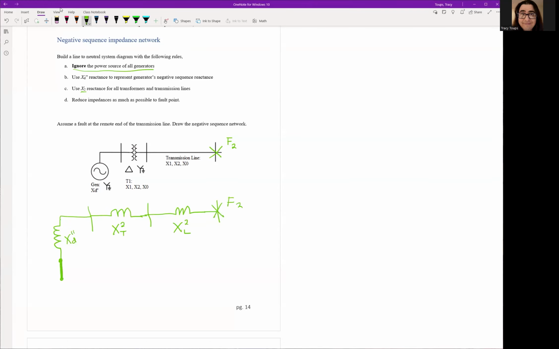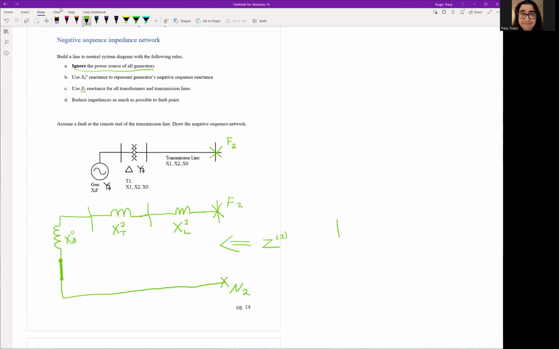Now, on the bottom side, this is where the generator should have been. We're going to pull out the neutral and bring it all over here and call this N2. Okay, so again, this is our Thevenin equivalent. We're going to look in with a Z2 equivalent. And in this case, there's no voltage source, so you're just adding up impedances.